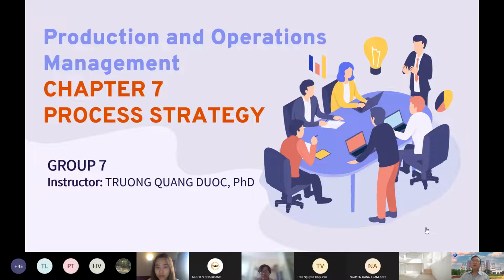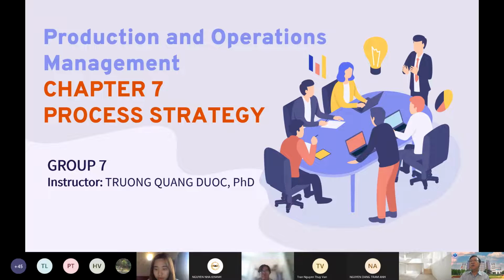Process design is the activity of determining the need for work equipment, the workflow, and the requirements for implementing any kind of process. Process strategy here is the company's process to convert the input to output.